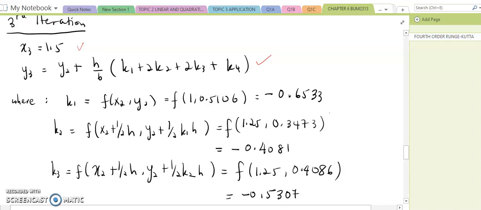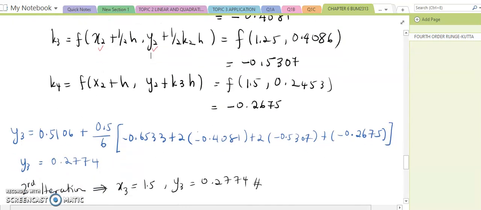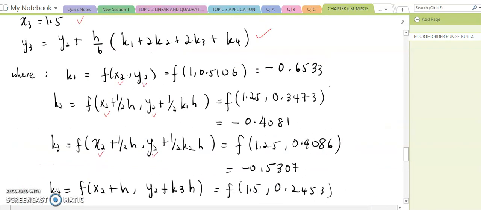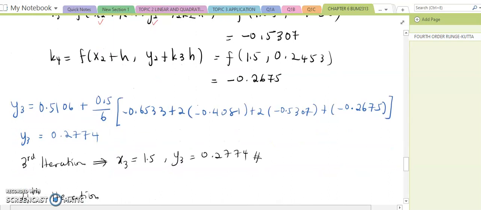So for this third iteration, you must refer to x2 and also y2 value. That's why in my computation here, I use x2 and y2 because you need to refer to the previous iteration. Okay, and after that, same as before, you can find the y3 value by substituting all of the k values inside the y3 formula. Okay, and after the iteration, your x3 is 1.5 and y3 is 0.2774.